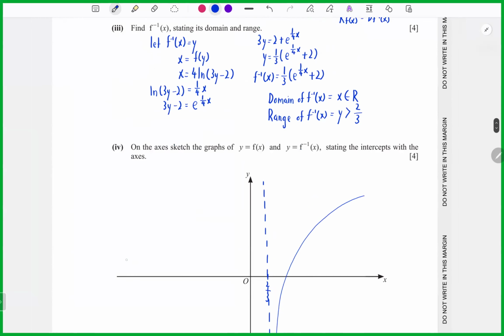Now I need to sketch the exponent graph. So they will look like this.